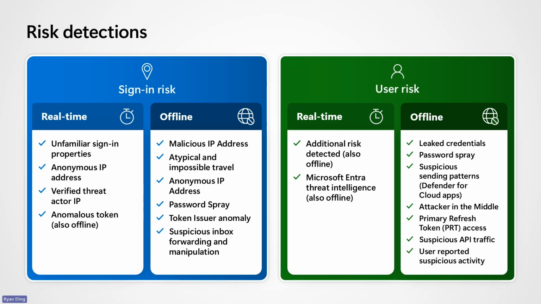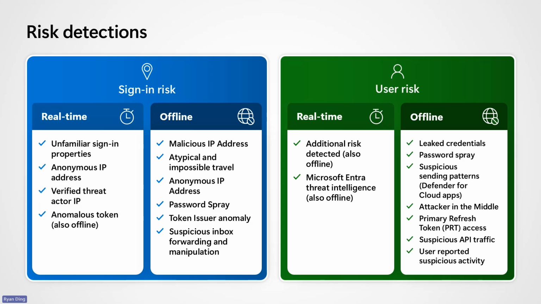So between sign-ins, we're looking for things like atypical or impossible travel, right? We're even correlating signals between your users and users of other tenants to look for signs that a wider attack, like a password spray attack, might have occurred, right? So all these detections are essentially looking for anything out of the ordinary for a particular sign-in, out of the ordinary for a user, right?